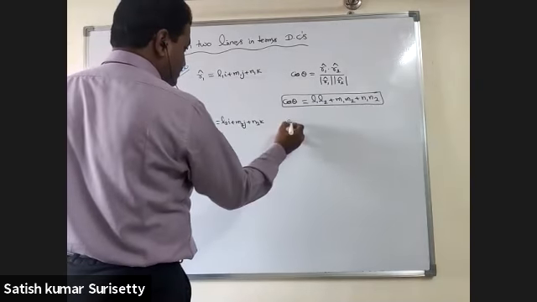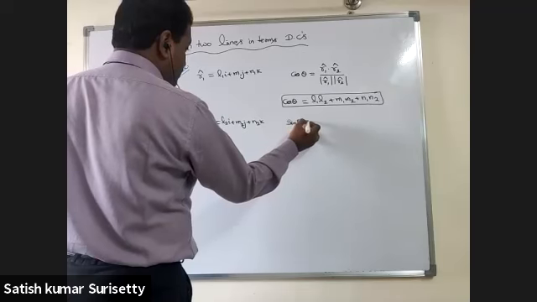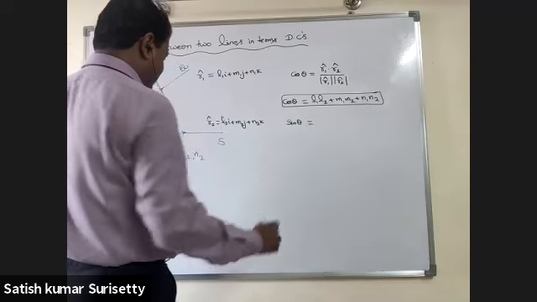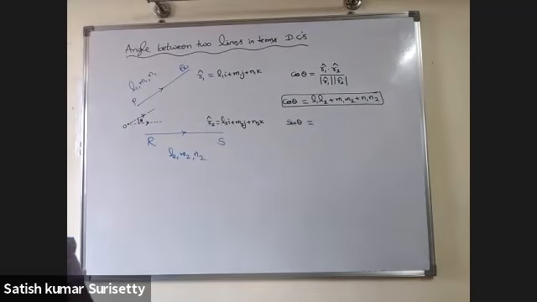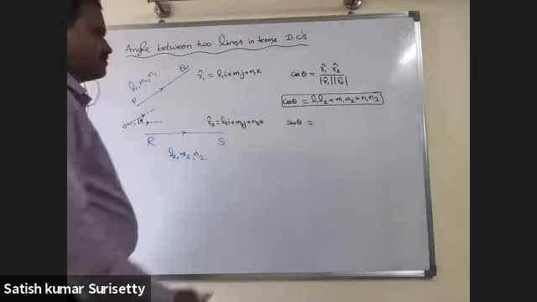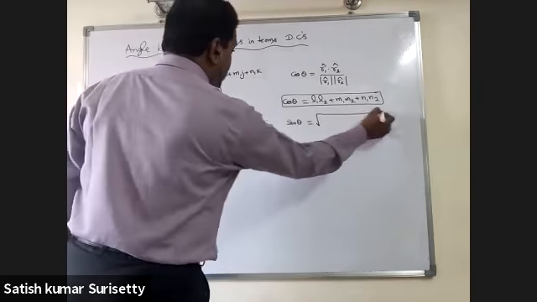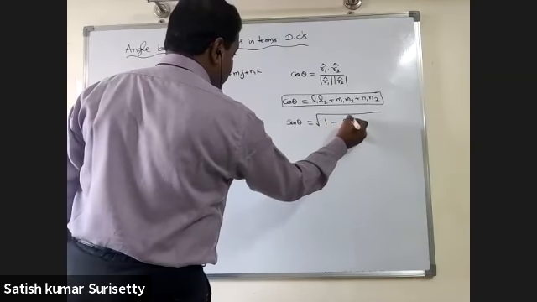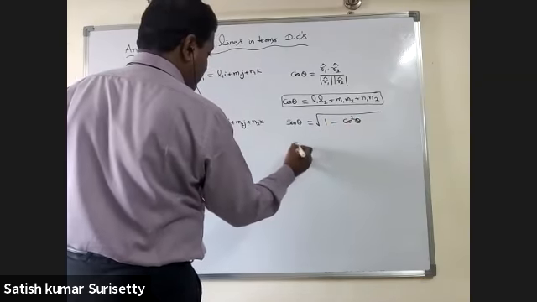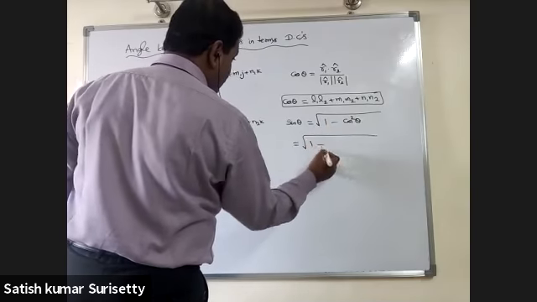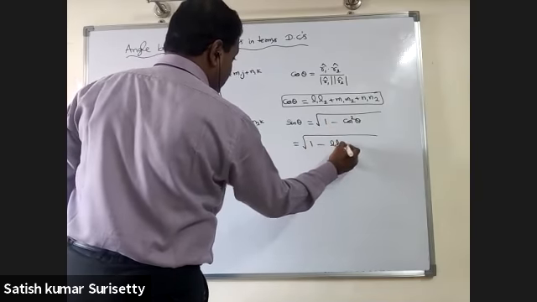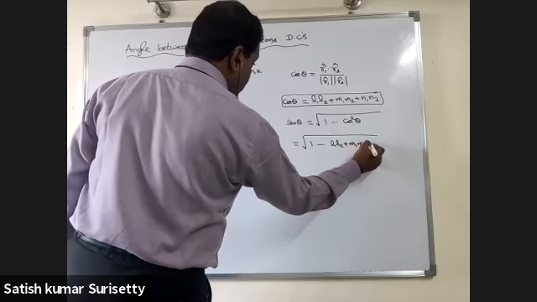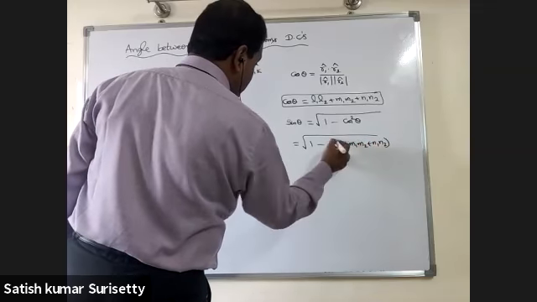Using this, is it possible to calculate sin theta? Root of 1 minus cos square theta, that is, root of 1 minus (L1 L2 plus M1 M2 plus N1 N2) whole square.